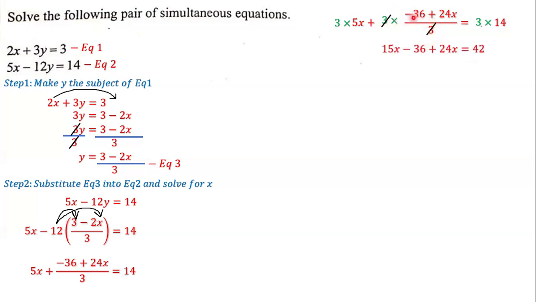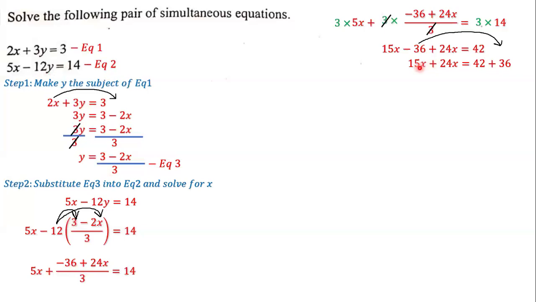And so we have negative 36 plus 24x, which is right here. We have 3 times 5x, which is 15x, and we have 3 times 14, which is 42. Now we take the negative 36 and send it over the equal sign, which gives us positive 36.